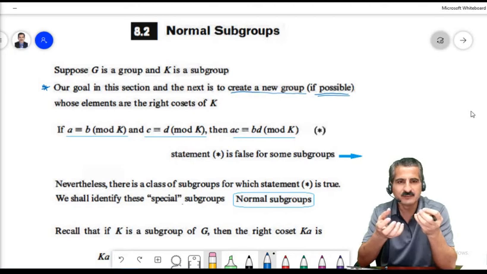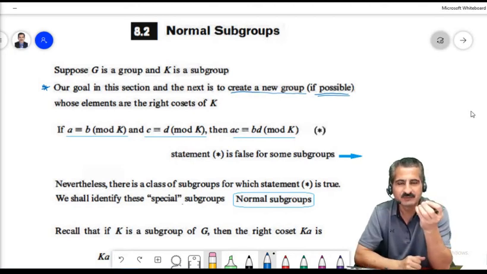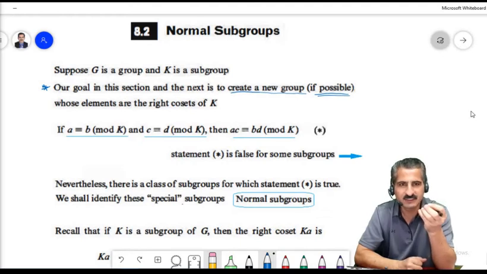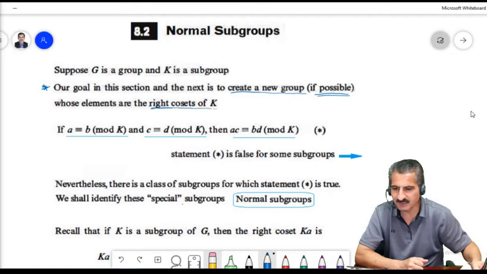So we must have a subgroup K that enjoys some property, and we will call such a subgroup a normal subgroup. Okay, and the new group we will create consists of cosets.